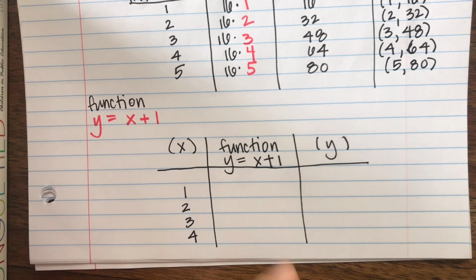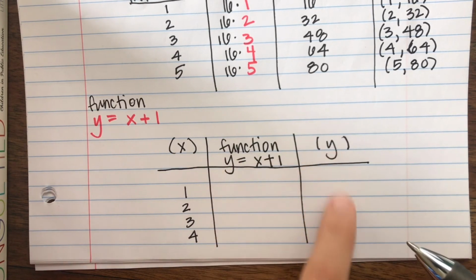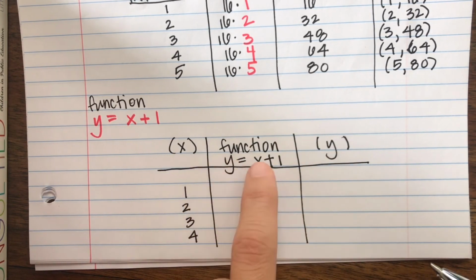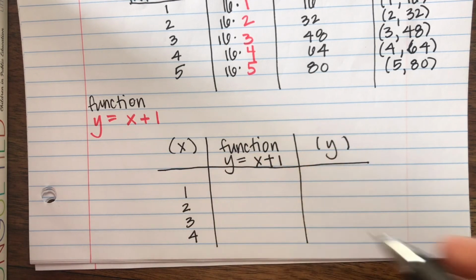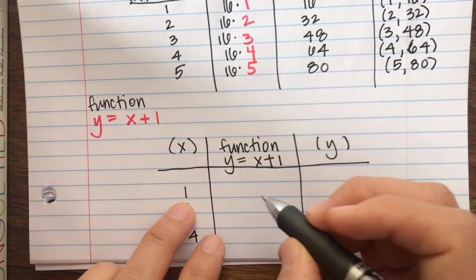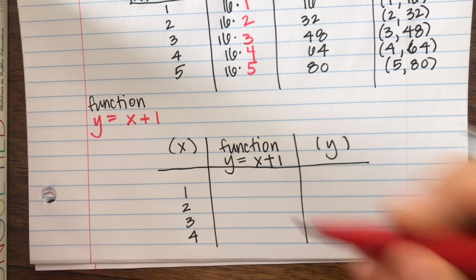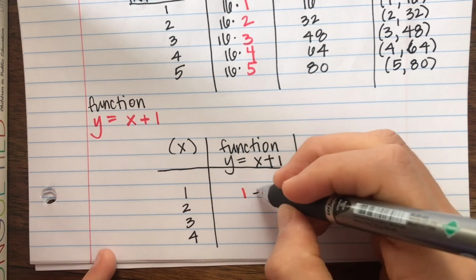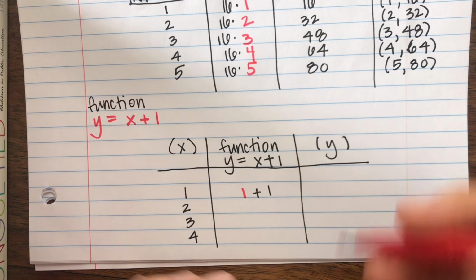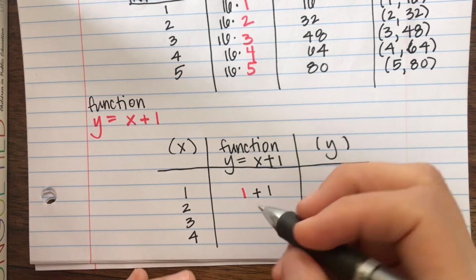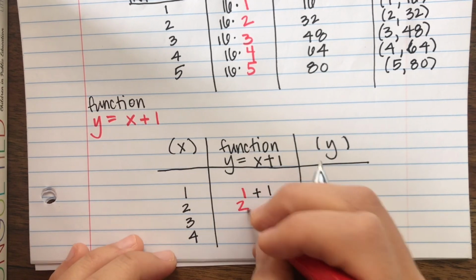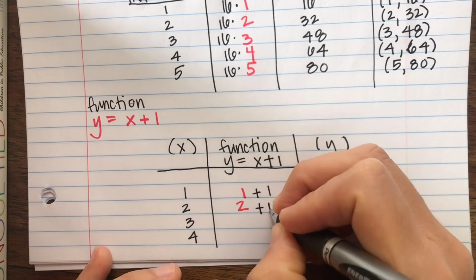So basically, guys, my function here, y equals x plus 1, is the entire function. But I'm going to substitute the value of x: 1 plus 1 is going to give me my y value of 2, right? 2 plus 1, and so on.